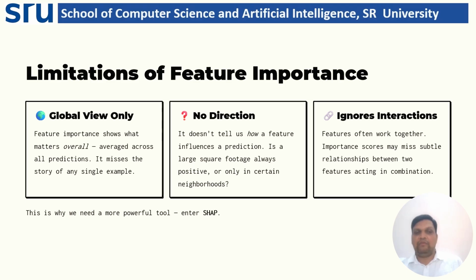Is a large square footage always positive, or only in certain neighborhoods? Ignores interactions. Features often work together. Importance scores may miss subtle relationships between two features acting in combination. This is why we need a powerful tool.